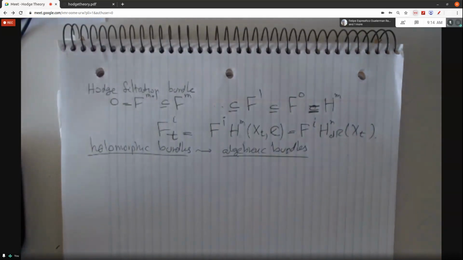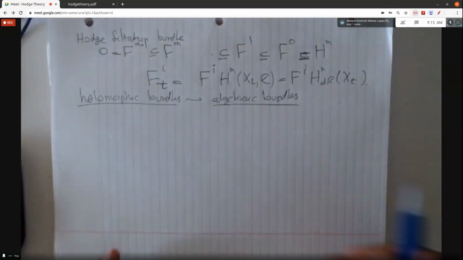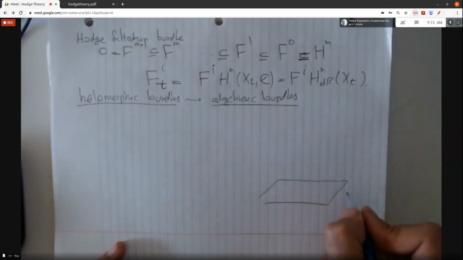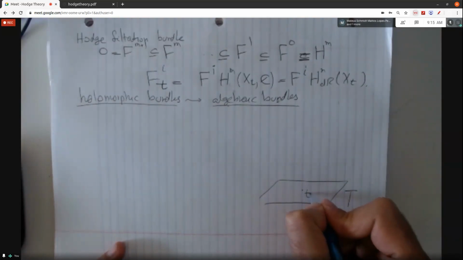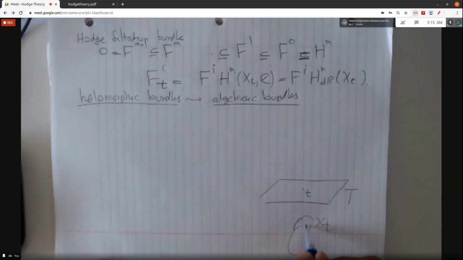Okay, so this is just something that you carry in mind. Maybe this picture will help: you have this parameter space T. You have of course your variety X_t, but your variety X_t is something non-linear.